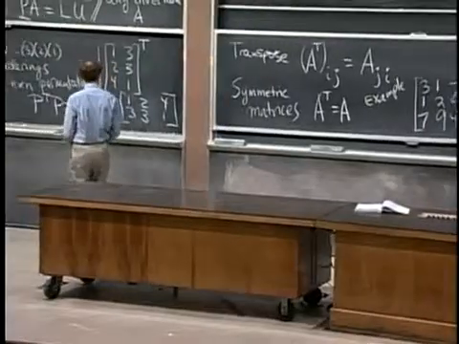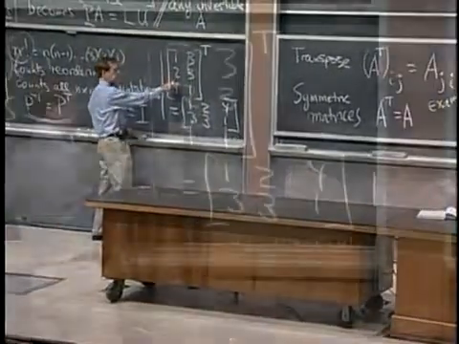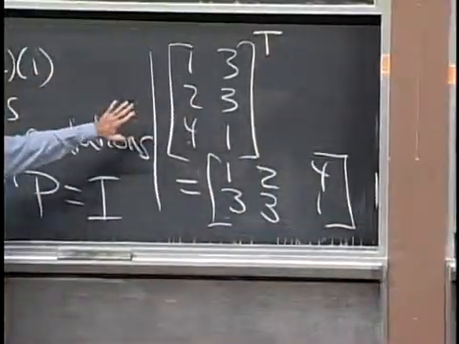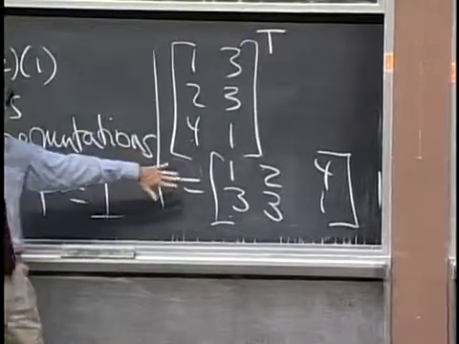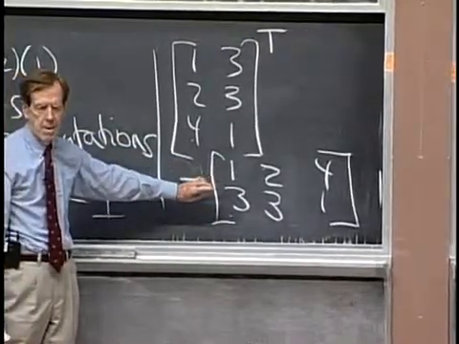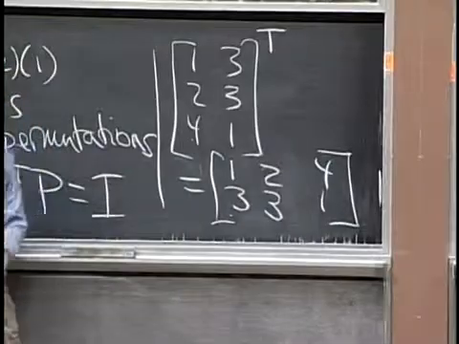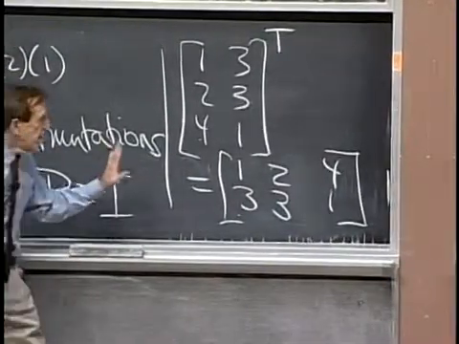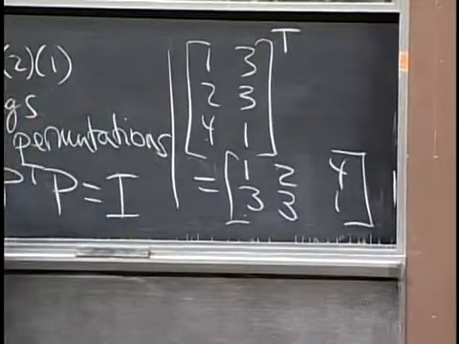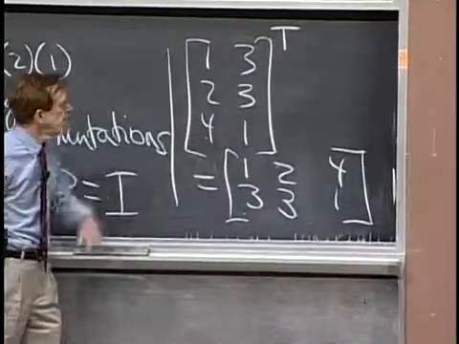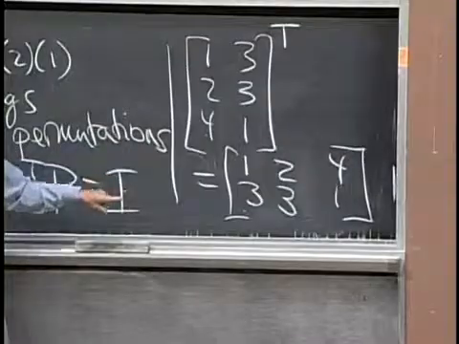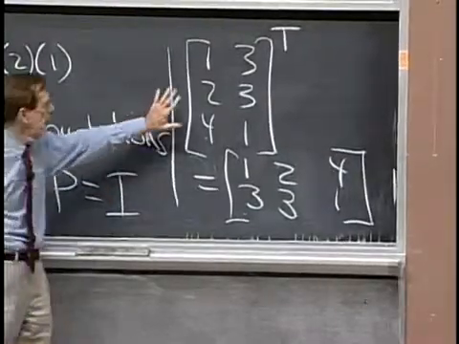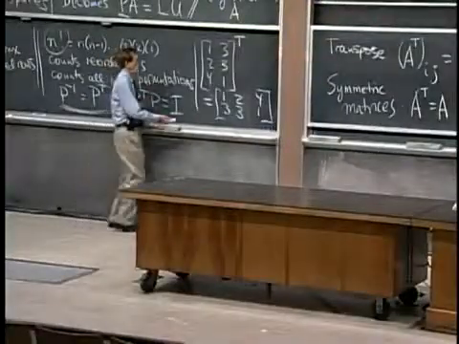For example, that matrix is absolutely far from symmetric, right? The transpose isn't even the same shape because it's rectangular. It lies down on its side. But let me tell you a way to get a symmetric matrix out of this. Multiply those together. If I multiply this rectangular, shall I call it R for rectangular?